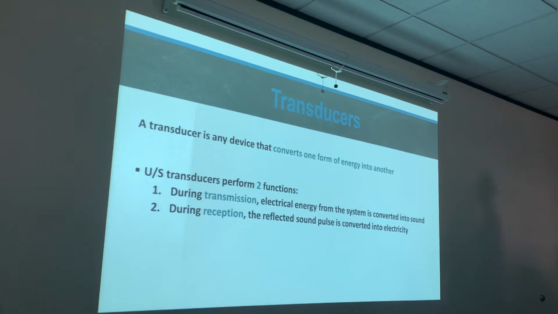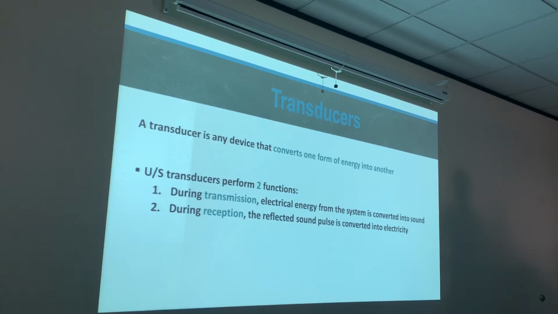Okay? So our transducer has two functions: transmission and reception, right? On and off time, talking and listening. During transmission, electrical energy from the system is converted to sound. Because we have our machine plugged into the wall, that's our electrical energy. That's what is sending out pulses to our transducer, to our piezoelectric material. And when those piezoelectric materials are excited, it creates sound waves.